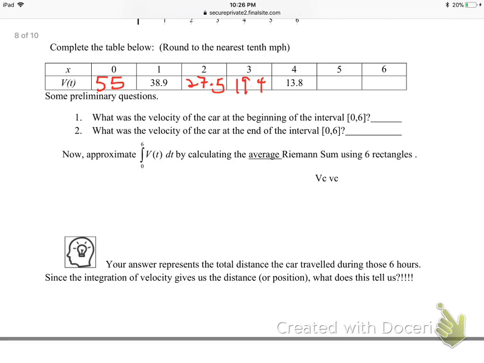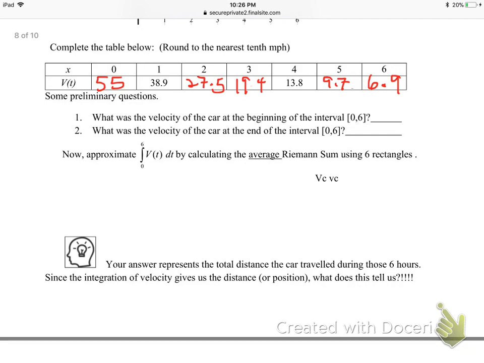Then I should have a 9.72, so that's out to the hundredth, so that was not consistent, so let's just make that a 9.7. And then the last one will be a 6.9. So that's our table. Remember, the y value is velocity, the x value is time.